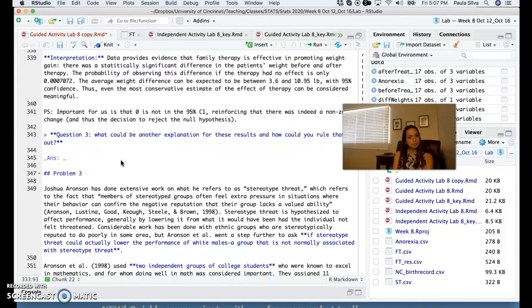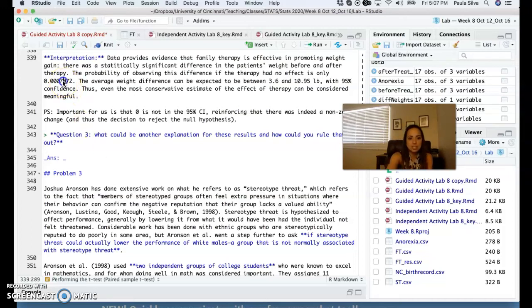What's the interpretation? Data provides evidence that family therapy is effective in promoting weight gain. There was a statistically significant difference in the patient's weight gain before and after therapy. The probability of observing this difference if therapy had no effect is only 0.0007.